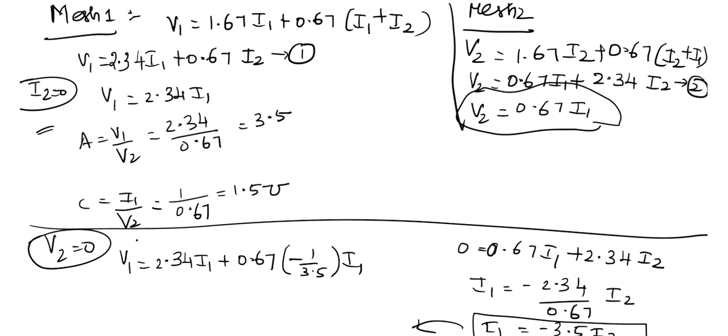After solving this, you can get that I1 will be equal to minus 3.5 I2. So you are getting the B equation. You are getting 7.5 ohm, and D you are getting by dividing these two equations. So that is your I1 by I2, you are getting minus 3.5.